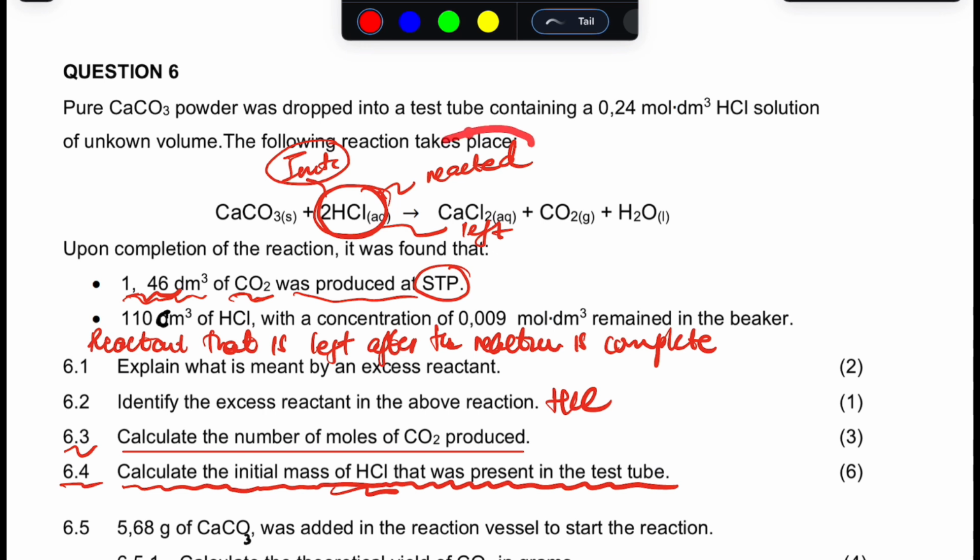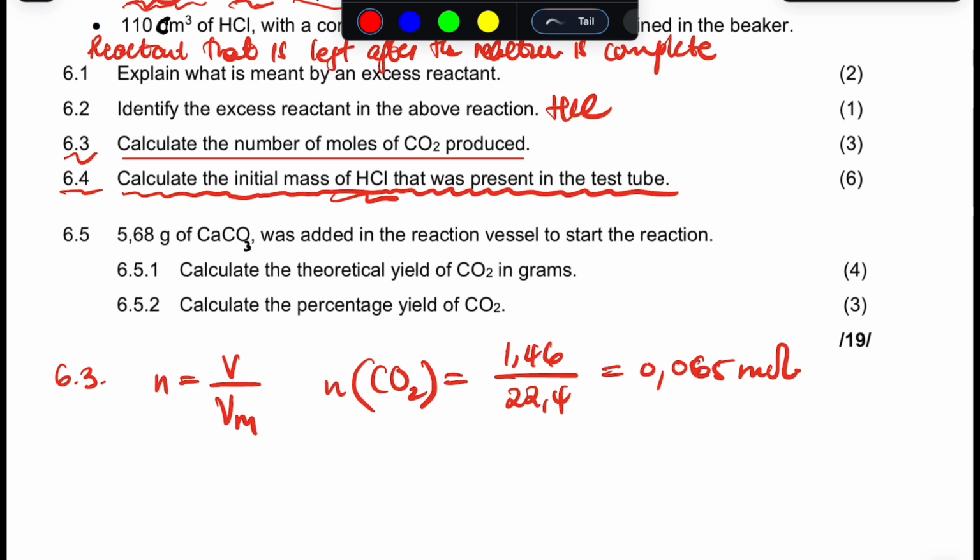So we must get the number of moles that is going to react, and we were told the 110 cm3 of the HCl with the concentration will remain. So now we know the number of moles that will remain, right? But let's get the number of moles that will react first.